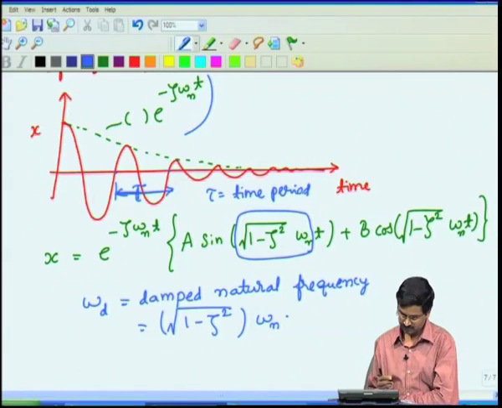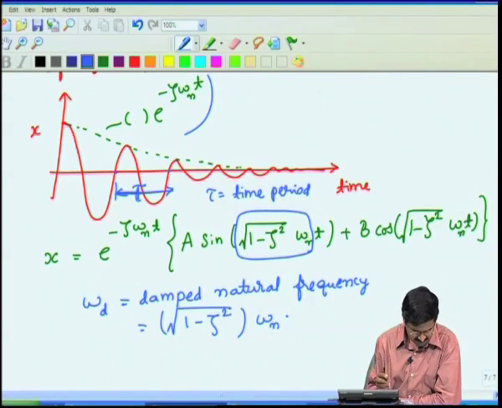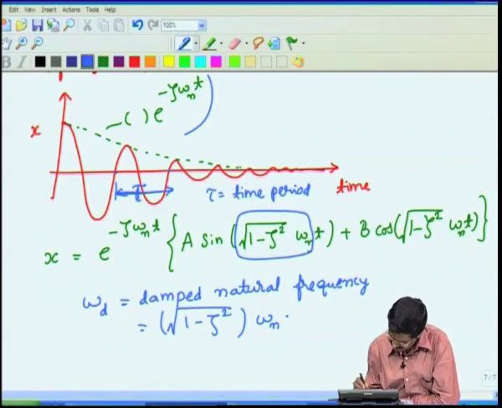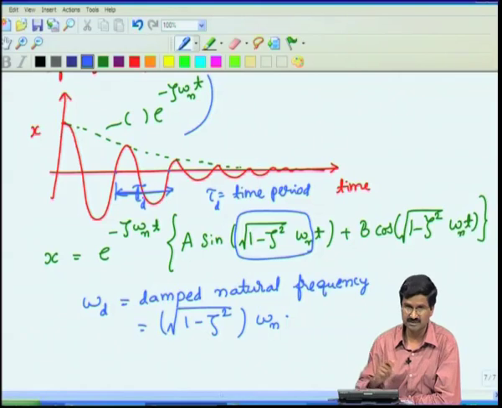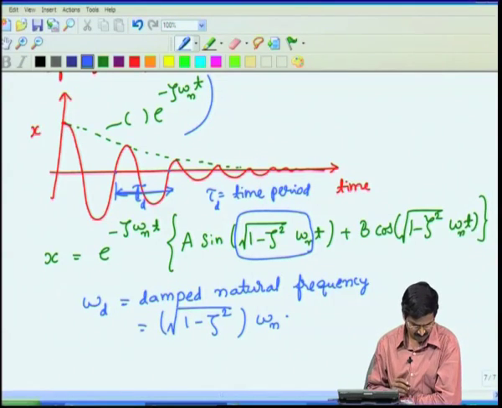And this will be the time period under damping, so we will say tau d, because there is damping here, otherwise it would have been just the normal time period. Now, we can take that tau d and try to determine what omega d and what zeta will be.